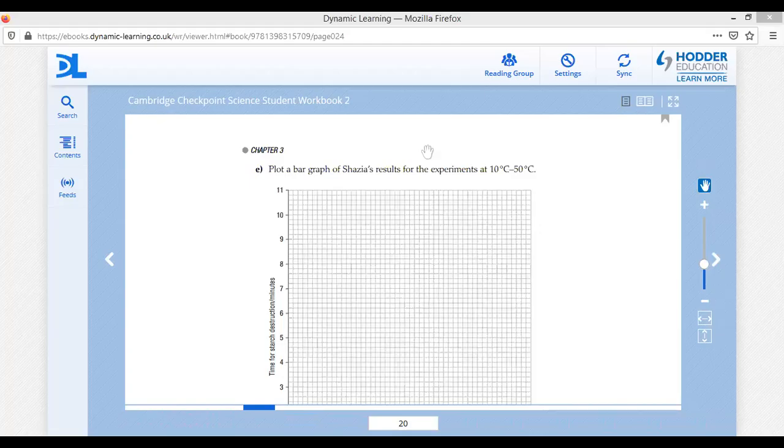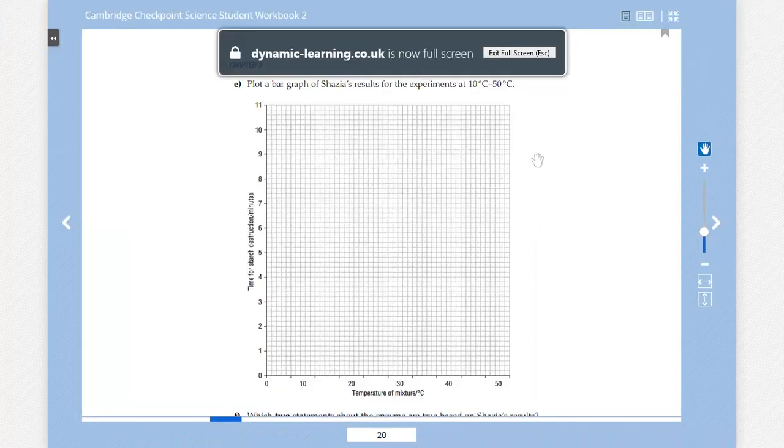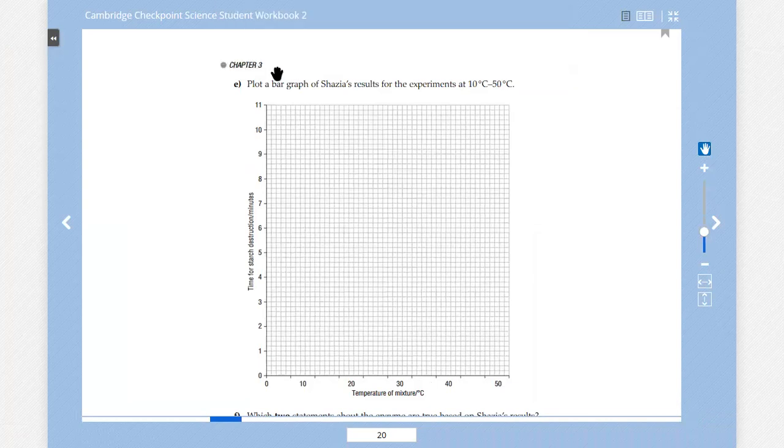I continue. That's for part E, plot a bar graph of Sazia's results for the experiment at 10 until 50 degrees Celsius.